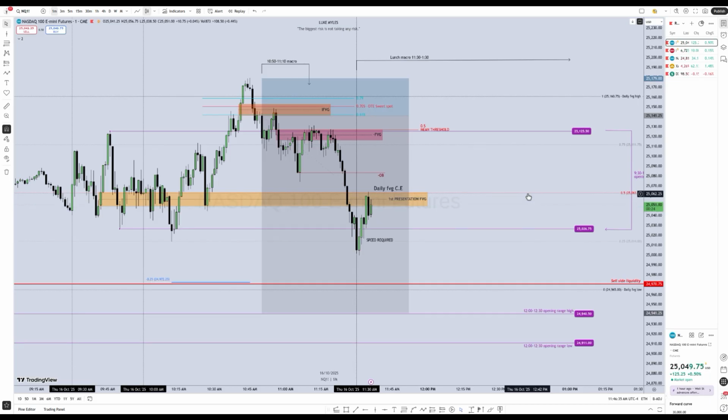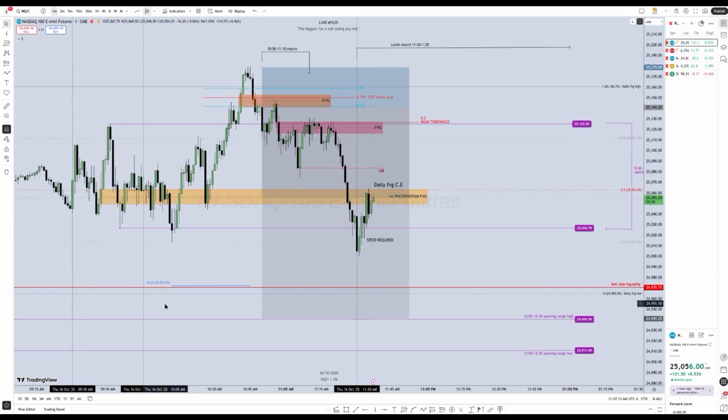Okay, so let's look into price. The 9:30 to 10 a.m. opening range, I'm using that as reference to my trading.